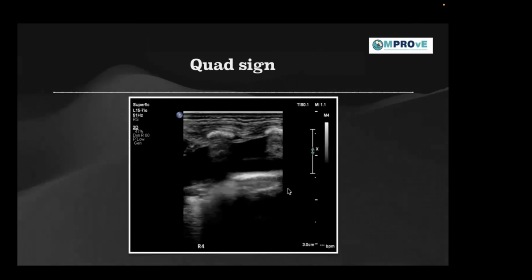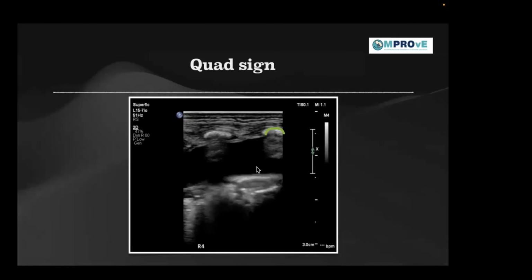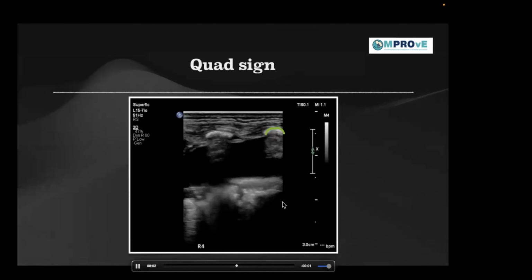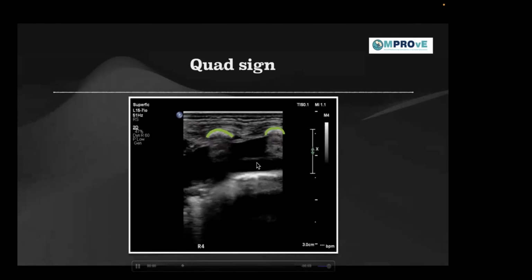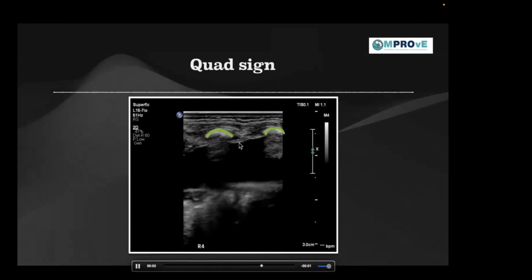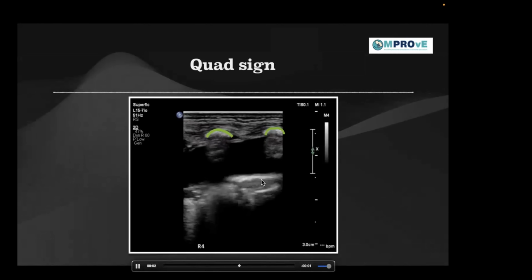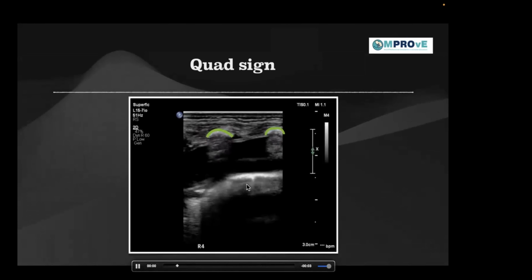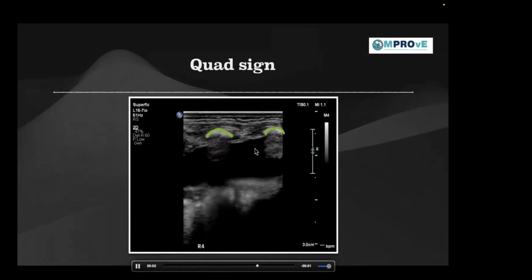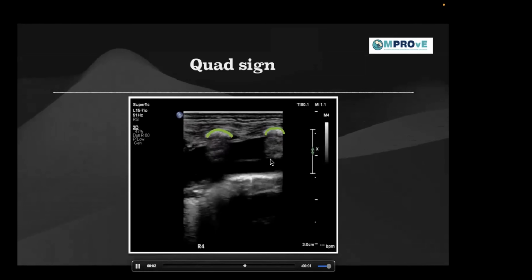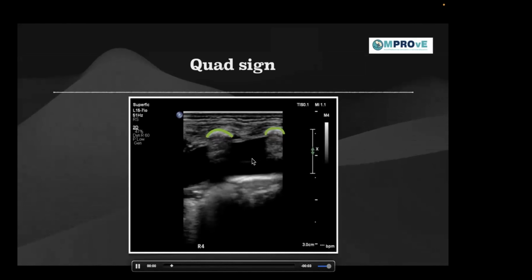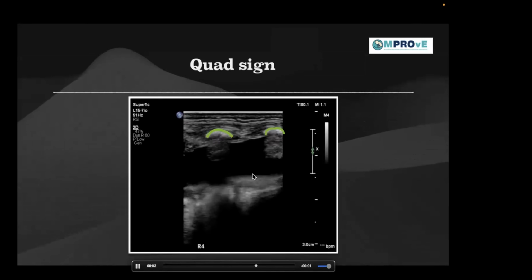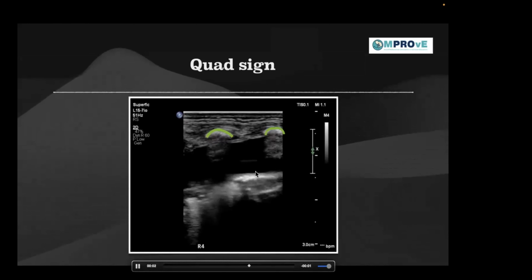So coming to quad sign. This is a rib. This is the parietal and the visceral pleura, the sharp line there. This is your anechoic area. Fluid is always black because ultrasound waves pass very easily through fluid.